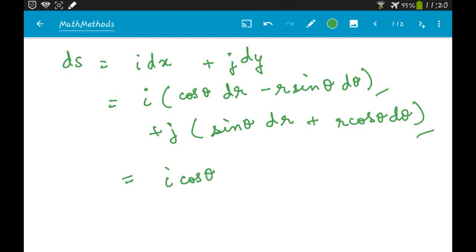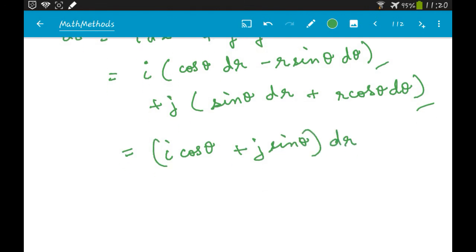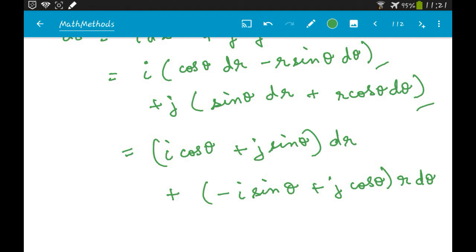i cos theta plus j sin theta into dr plus minus i sin theta plus j cos theta into r d theta.